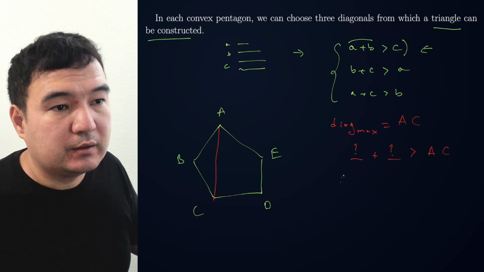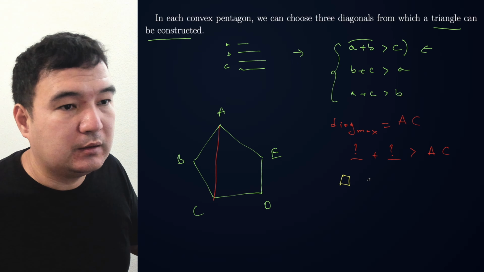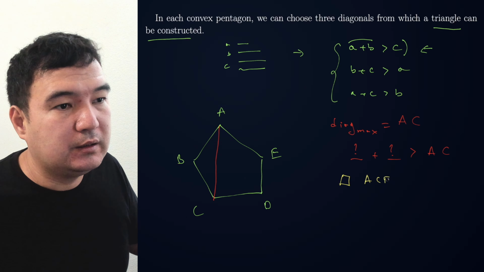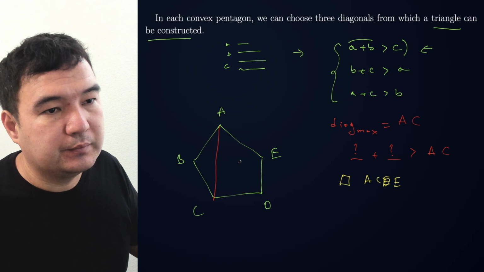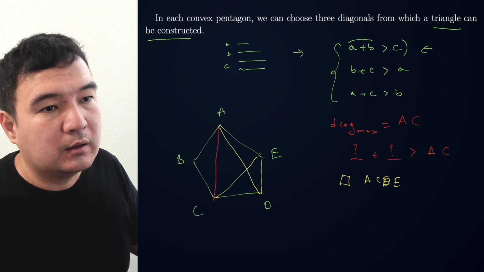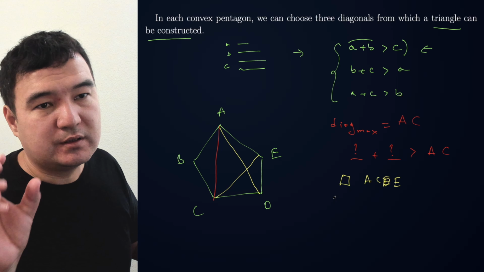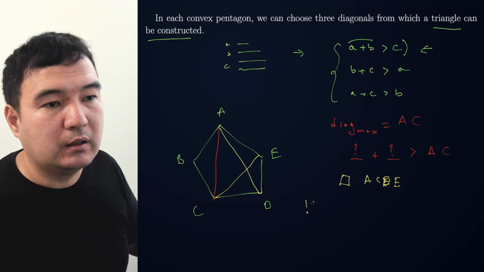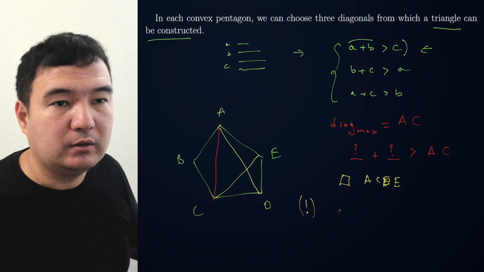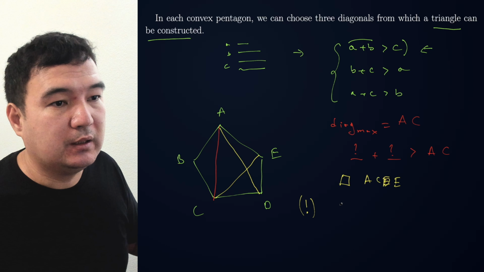Okay, now let's look at the quadrilateral ACDE, and let's draw its diagonals. There is a very simple property of the diagonals of a quadrilateral. You can prove this by yourself; I'll skip that.